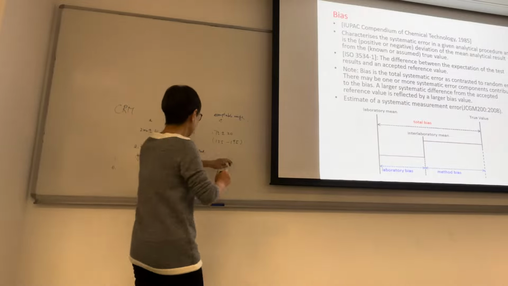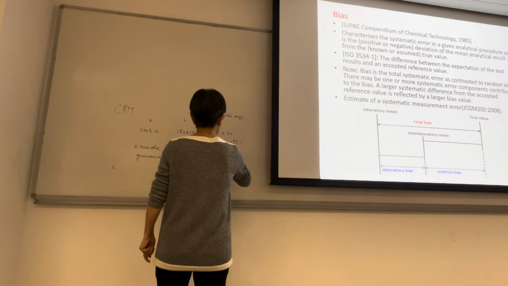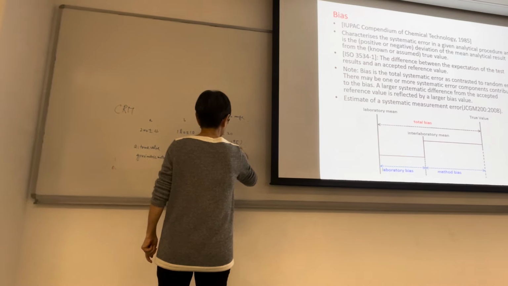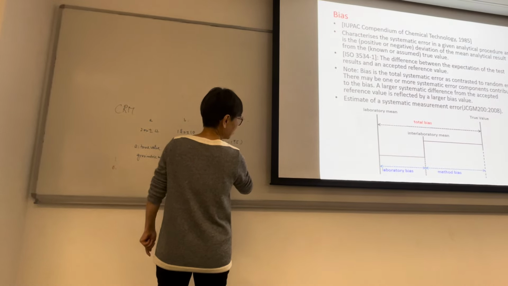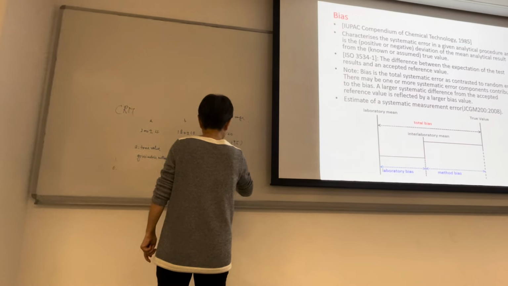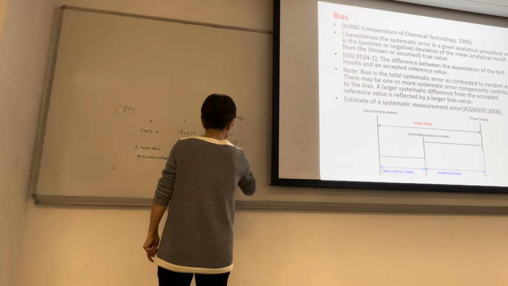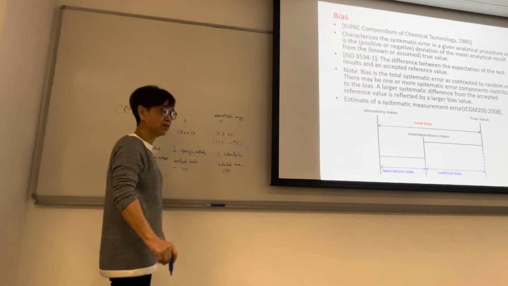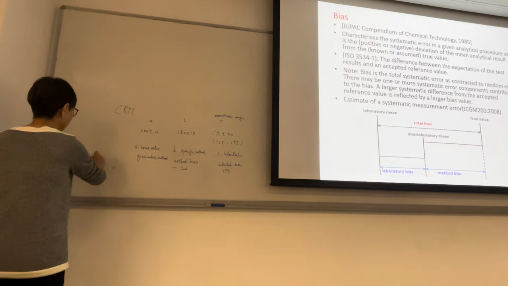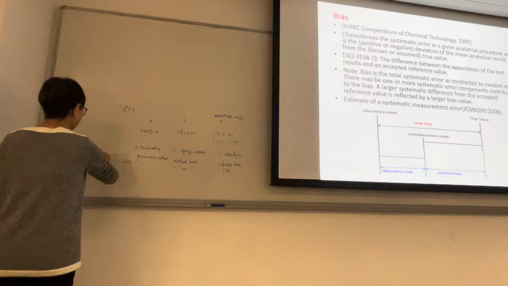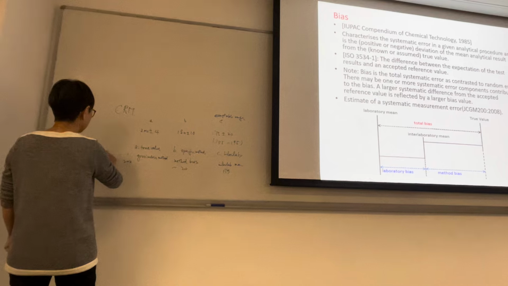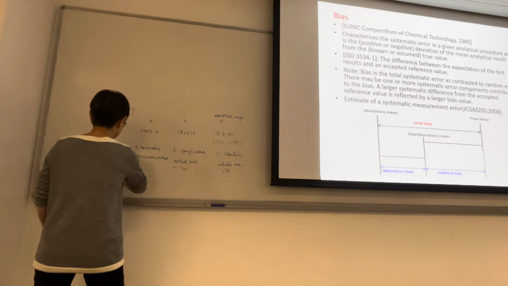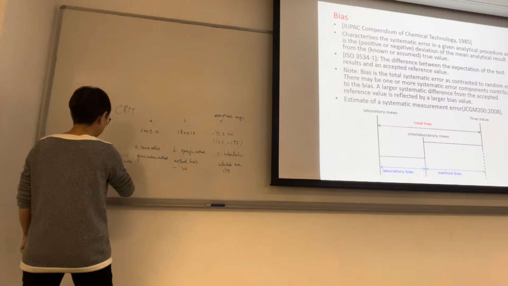And here, C is interlaboratory. The mean result, the true reference result, or the interlaboratory mean, is 175, okay? So when I plot the graph, 200, and then 175 is the true reference value, and then this is the method bias. This is the method bias.